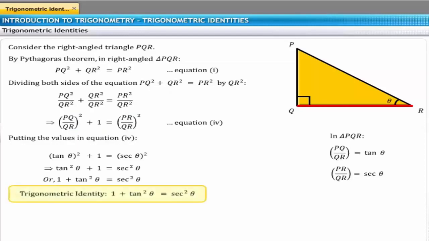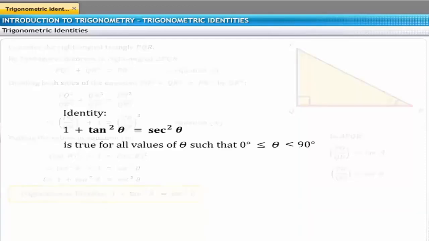This equation is a trigonometric identity. From trigonometric ratios of specific angles, we know that tan 90 and sec 90 are not defined. Thus, this identity is true for all values of angle theta greater than or equal to 0 degrees and less than 90 degrees.